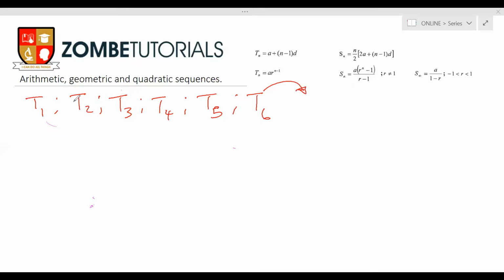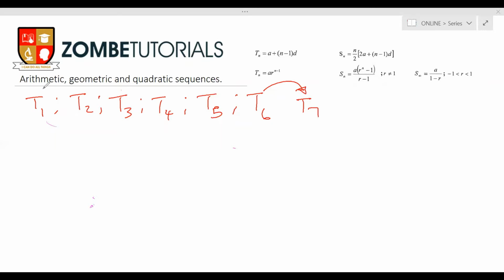If we have this example of the sequence, which is T1, that's your first term, T2 is your second term, T3 is your third term, T4 is your fourth term, T5 is your fifth term, T6 is your sixth term, then T7 is predictable by a certain formulation that you would have used. So that is what we call a sequence or a series.